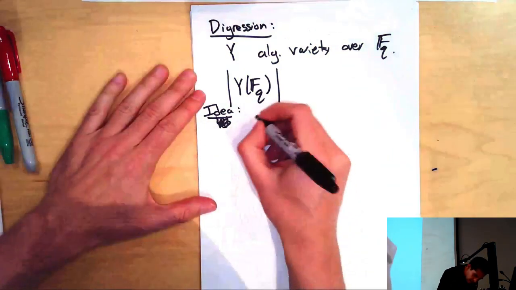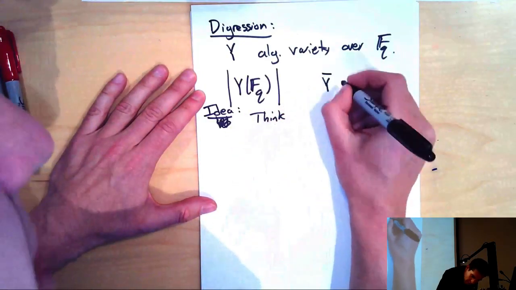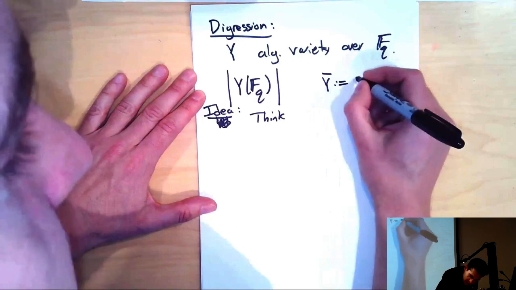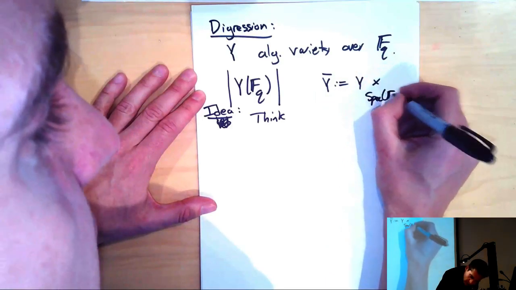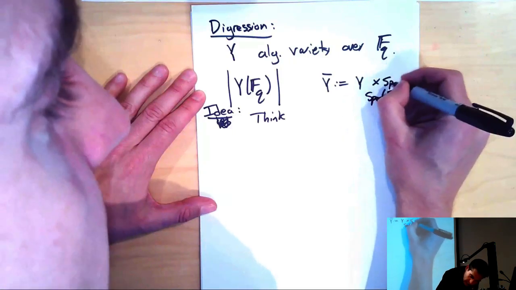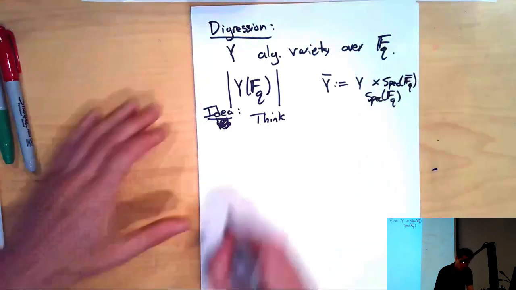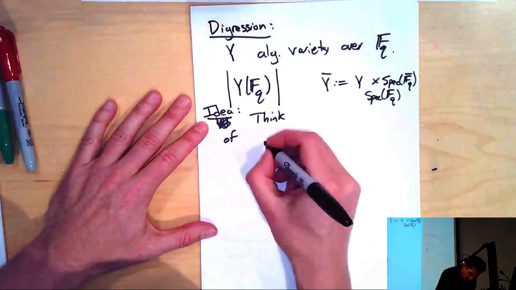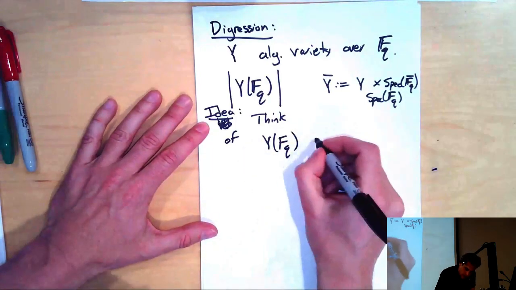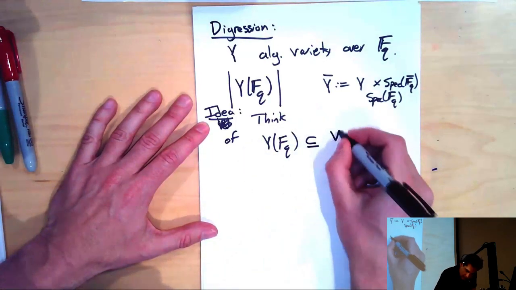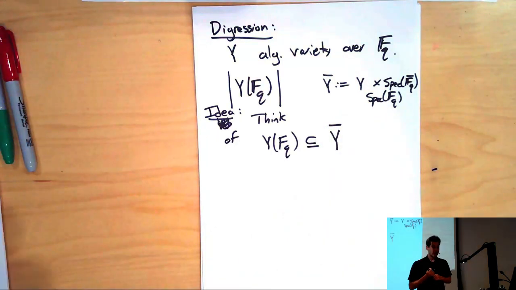So the idea is to think of, well, first let's let Y bar be the same variety, but viewed not over a finite field, but over its algebraic closure. And now the idea is to think of Y(F_q), this finite set, as sitting inside this algebraic variety, Y bar, over an algebraically closed field.